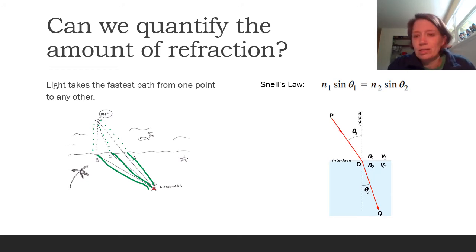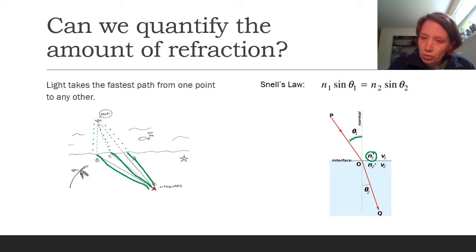Instead of putting those things in a table, I think it's easiest to see what those variables are just based on that picture, right? So this is a picture of light refracting at the boundary between two media, and n1 is the medium that it starts in, the index of refraction for the medium it starts in, and theta 1 is the angle of incidence, right, measured from normal in that material that it starts in.